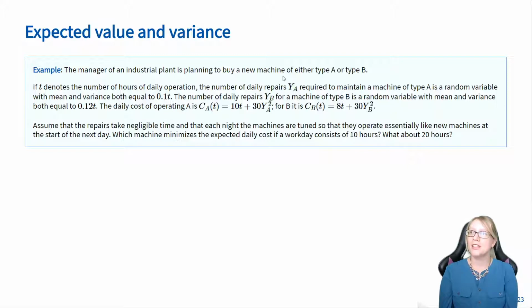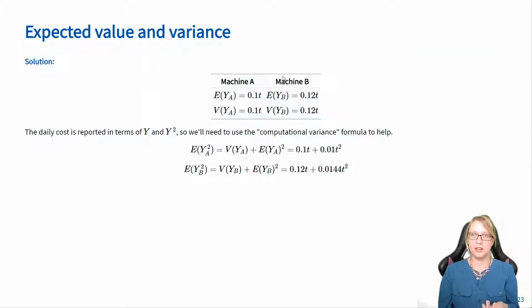It has mean and variance both equal to 0.1 T. Number of daily repairs YB for the machine of type B has mean and variance both equal to 0.12 T. We have also the daily cost of operating for machine A, we'll call that C sub A, and machine B. Let's assume that the repairs take negligible time, so they're done very quickly, just exchanging a part, and that each night the machines are tuned so that they operate essentially like new at the start of each day. Which of these machines minimizes the expected daily cost over a series of workdays, or over the time of the workday?